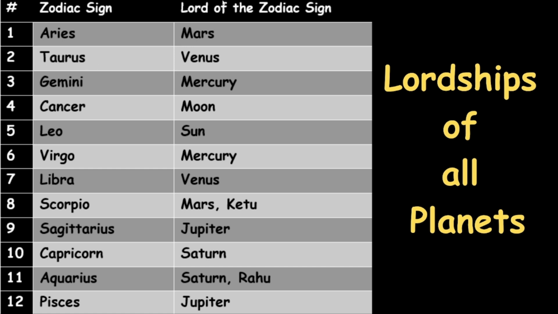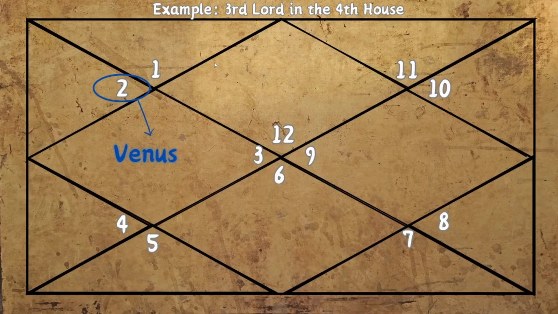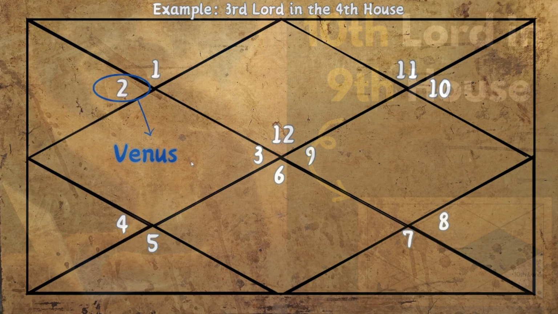And who is the lord of Taurus? It is Venus. So you will say the lord of the third house is Venus, because it is the lord of the Taurus zodiac sign. But where is Venus placed? Venus is placed in the fourth house of the birth chart. So this is how you will conclude that the third lord is in the fourth house.